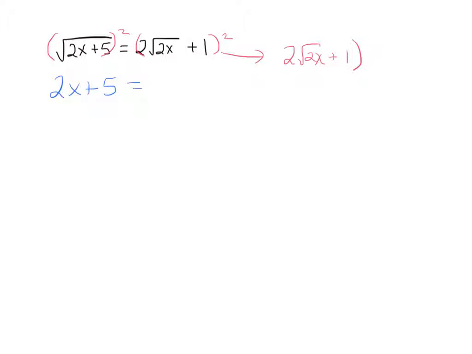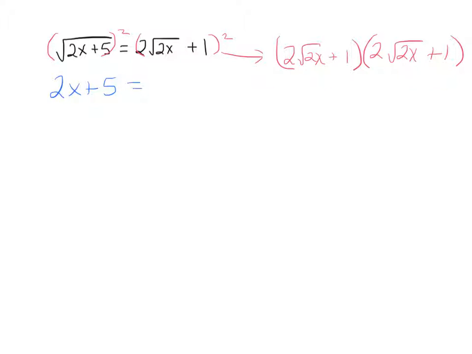Squaring 2 root 2x plus 1 is the same as multiplying 2 root 2x plus 1 by itself. So we actually have to use the distributive property and multiply that out. That's why this one's going to be trickier.